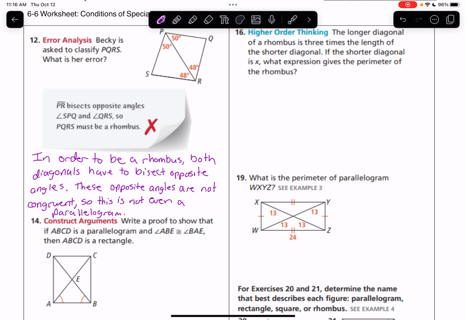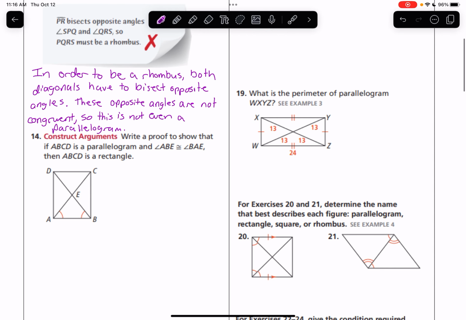All right, number 14, write a proof to show that if ABCD is a parallelogram and angle ABE is congruent to angle BAE, then ABCD is a rectangle. So I went about this with a paragraph proof, and I started by using the isosceles triangle theorem.